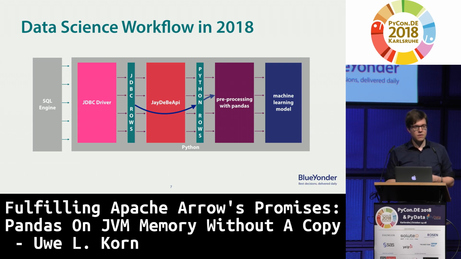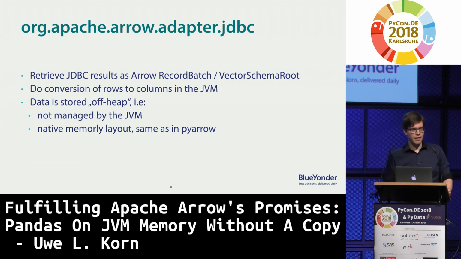And the good thing is that in Arrow, we have, since two or three months, a JDBC adapter, which gives you anything a JDBC query returns as an Arrow record batch, or in Java, it's called a vector schema root, which is basically the same thing as a Pandas DataFrame, a collection of named columns.